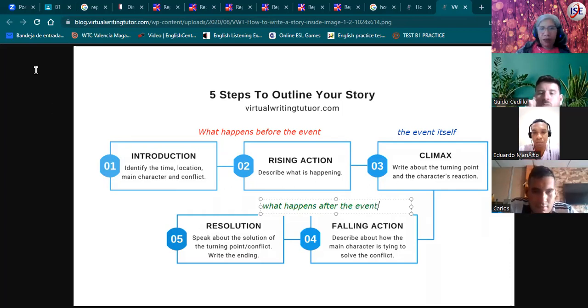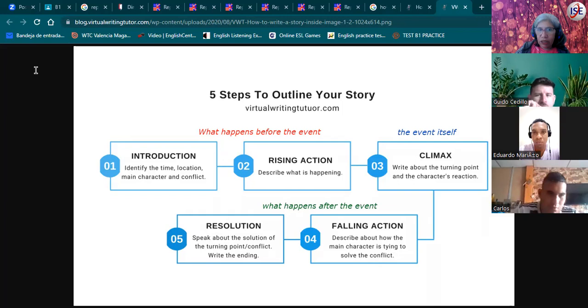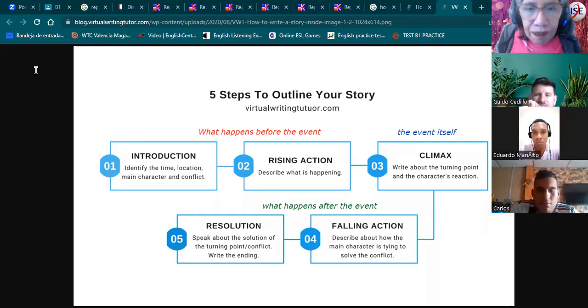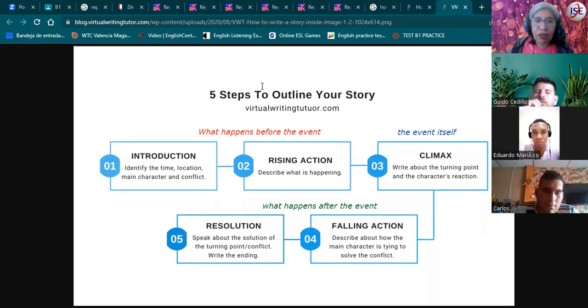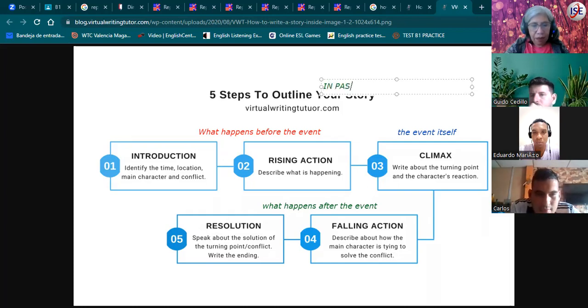So we have 3 things we need to mention when we work with stories. First, what happens before the event itself, and what happens after the event. Okay. For example, and something noticeable, stories are always in past tense.